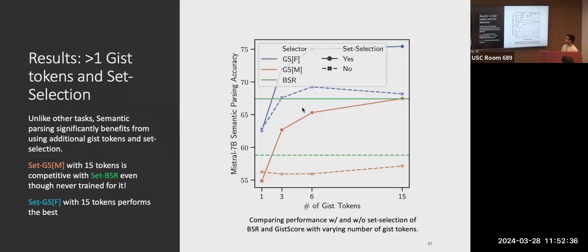And then the fine-tuned model completely outperforms set BSR. I wouldn't be showing it, but it also outperforms the trained methods. And I also didn't mention EPR and SEAL. EPR selects individually, like independent ranking, while SEAL is also another set selection method. So our set selection method outperforms that.